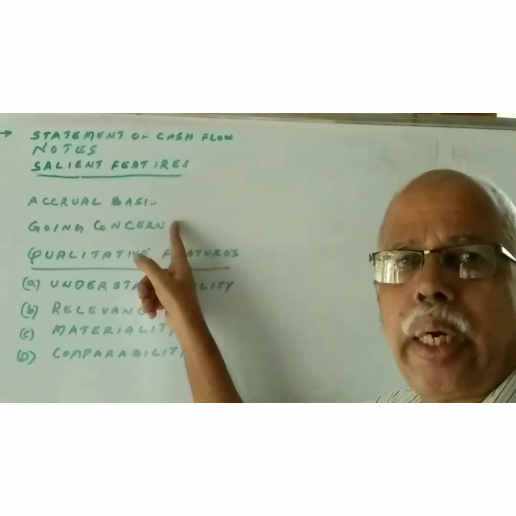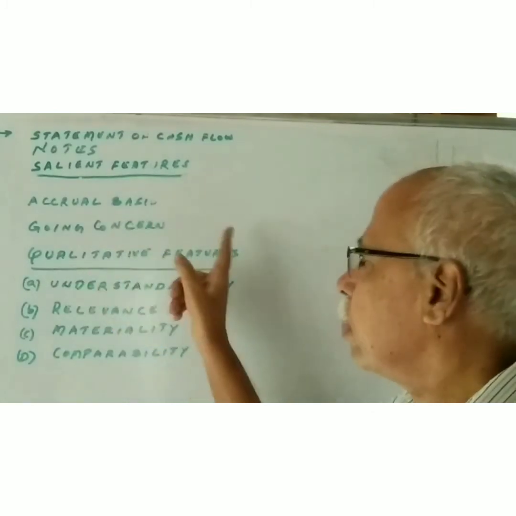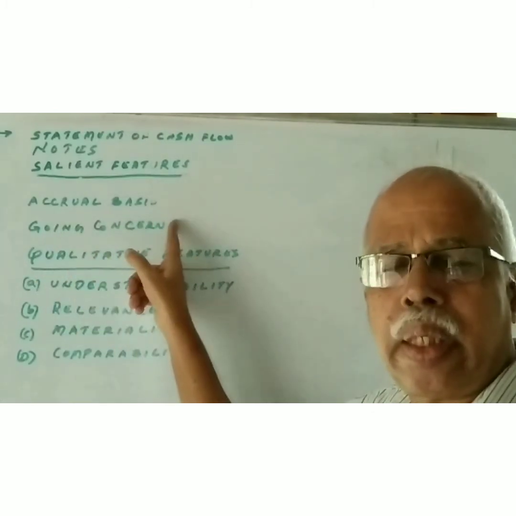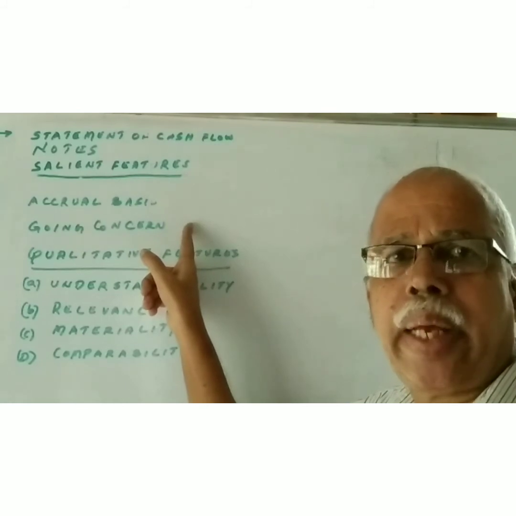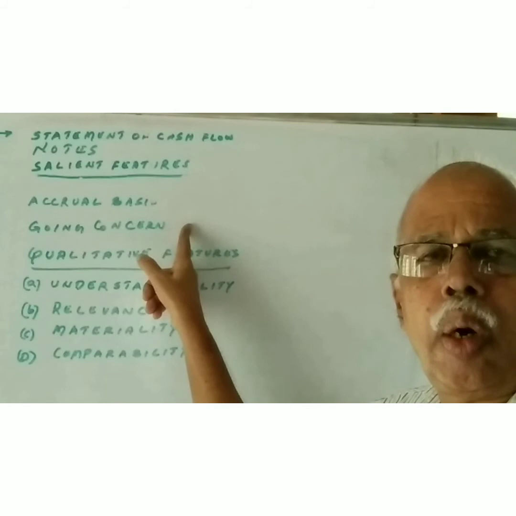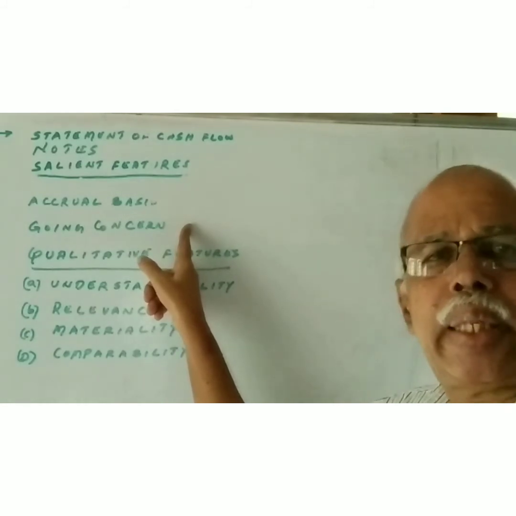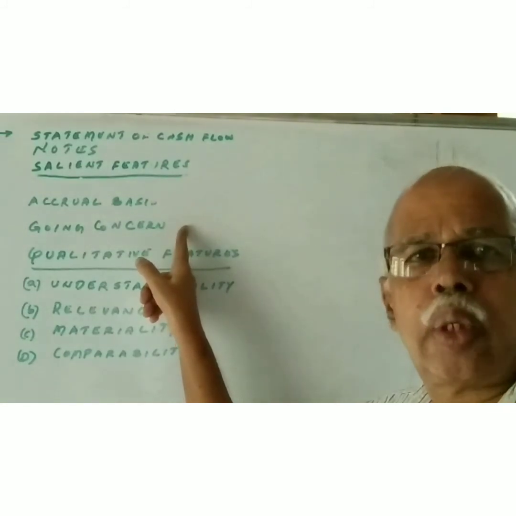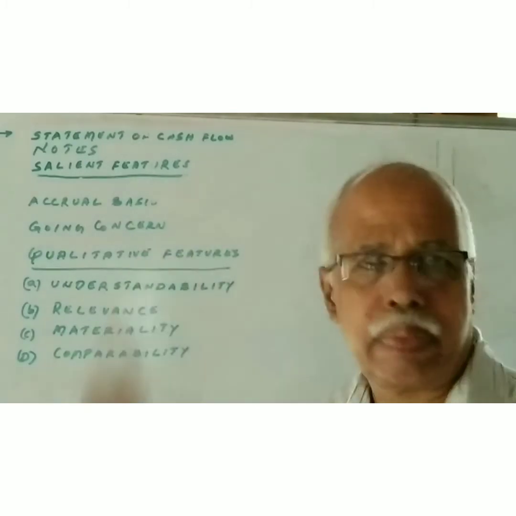This gives a total picture of transactions. Now going concern. It means that the management wishes to continue the operations of the company on a long-term basis and that it has no plans for closure in the immediate future.